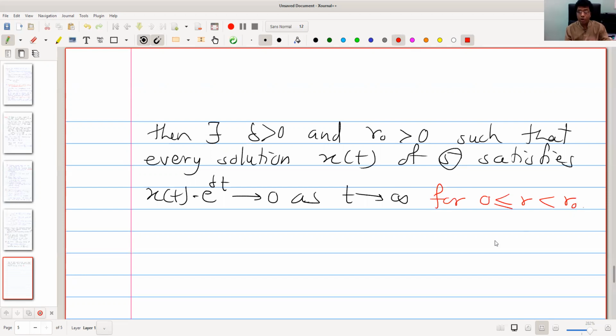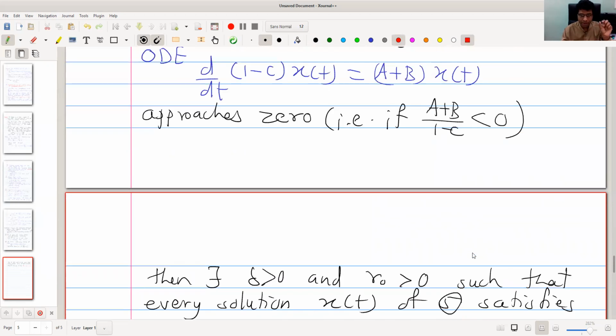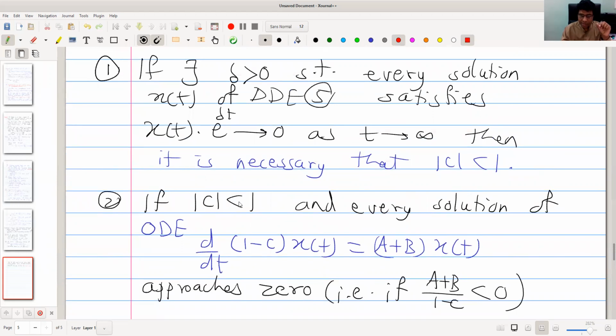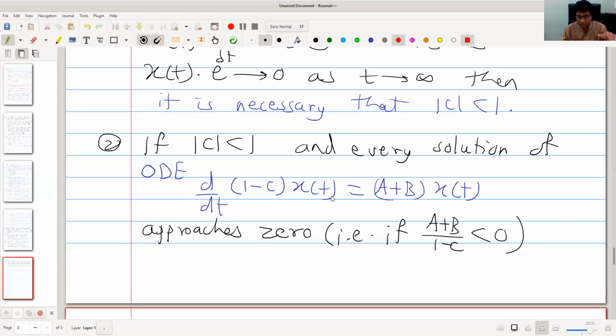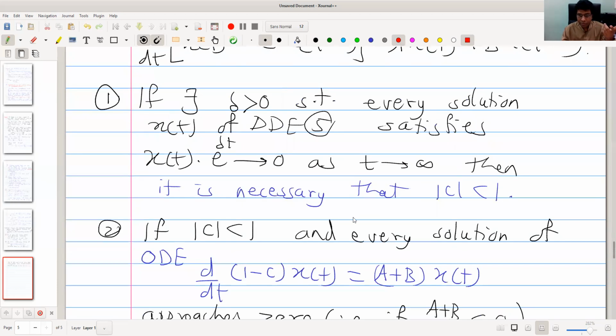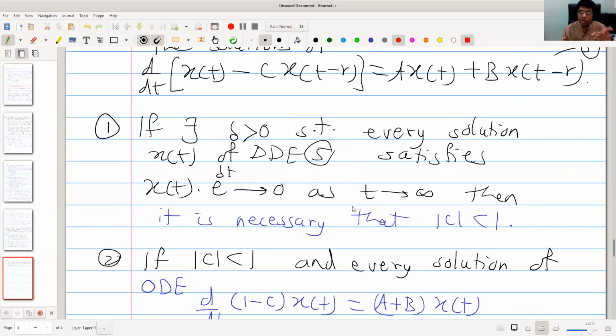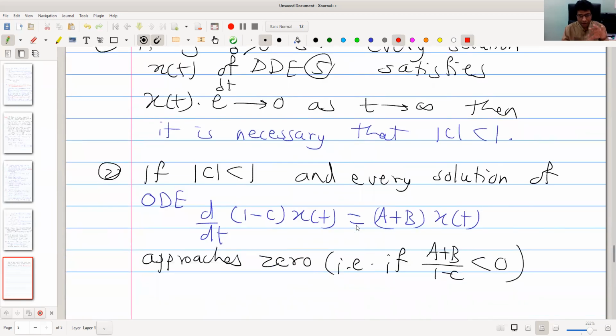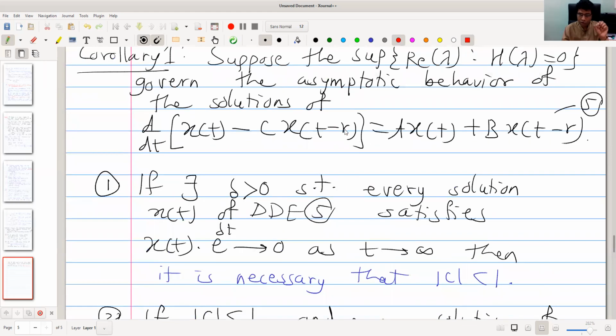Means for sufficiently small r. Why are we taking sufficiently small r? We are trying to relate the behavior of this ODE and this DDE. If we take very small r, these two equations can be thought of as perturbed equations. Perturbed means changed, a small change. So we are perturbing this equation using a small value of r.